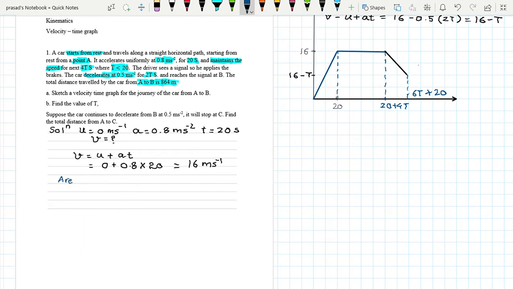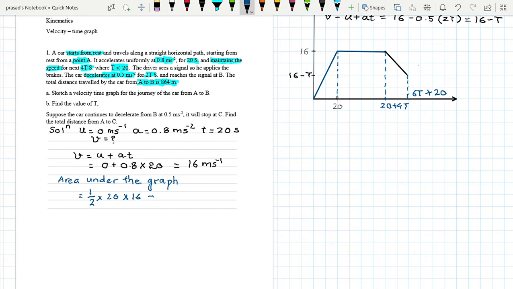Area under the graph will be now divided into three regions. One is the right angle triangle. The area of the right angle triangle will be half into the base of the triangle, which is 20, and the height of the triangle, which is 16.